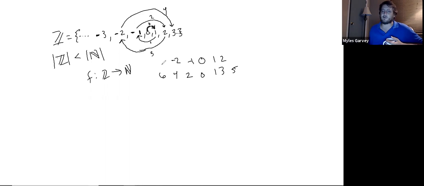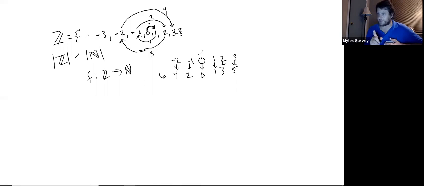I think I did it backwards, but you get the point, right? But what is this? Notice all of the positive numbers here are being assigned to odd numbers, and all of the negative numbers are being assigned to even numbers, and 0 is assigned to 0.